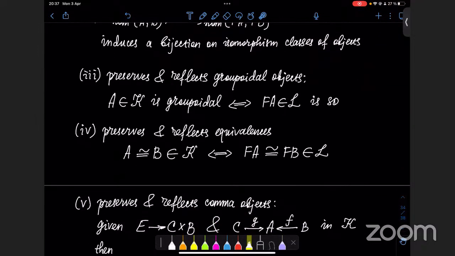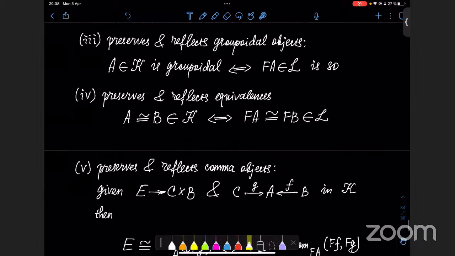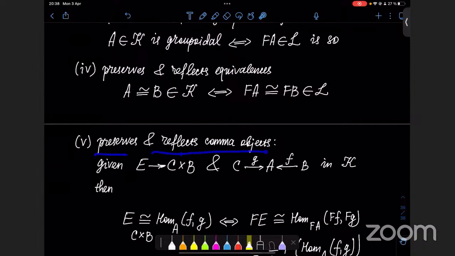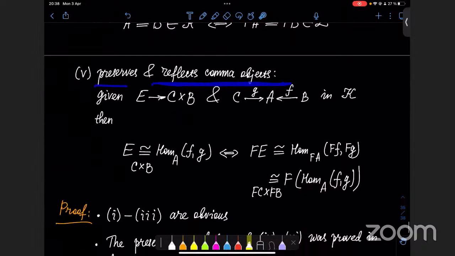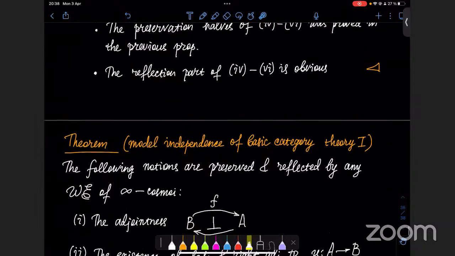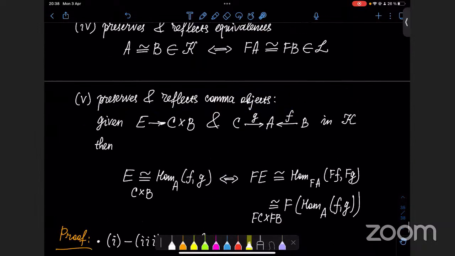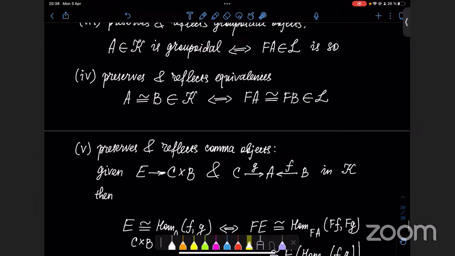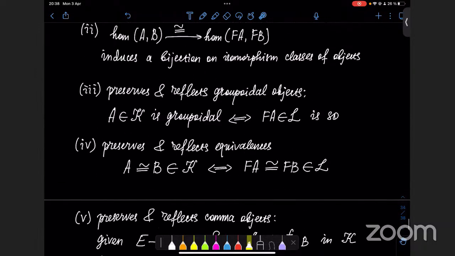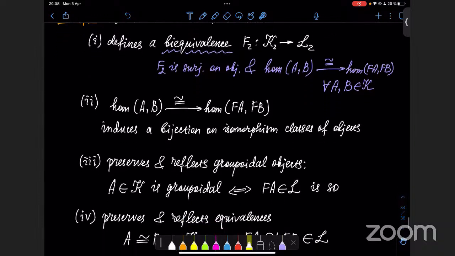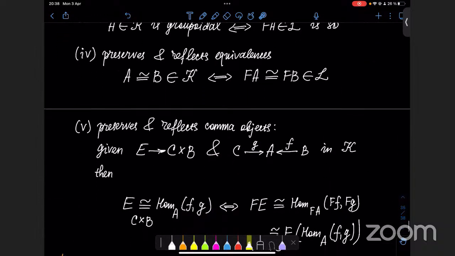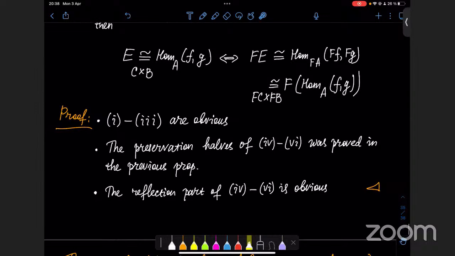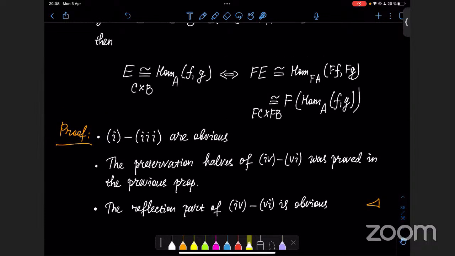Also F2 preserves and reflects equivalences, and F2 preserves and reflects comma objects. Sorry, this is not the main result, but the next will be. Of course, this fact is also trivial in some sense. It follows easily from the definitions.